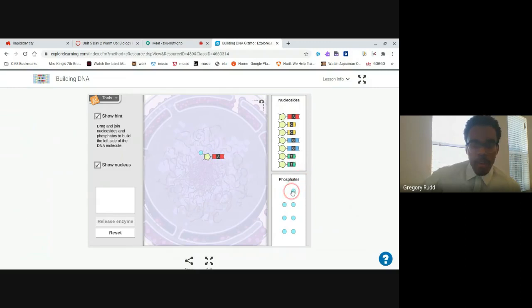Now grab another nucleoside and connect it to that same phosphate. From the top. So like put it in the top right. Yep. Okay. Good. And you want to just keep going in that way. Keep adding them.